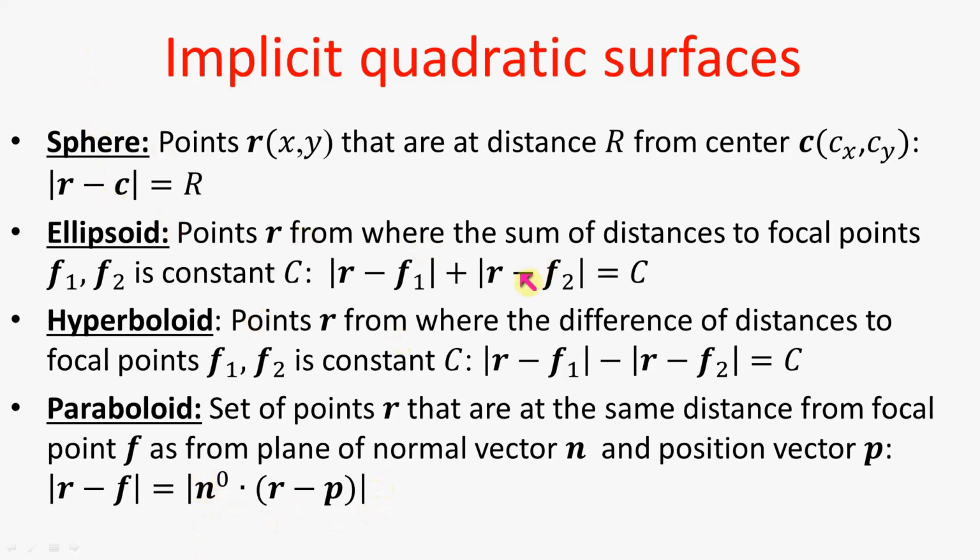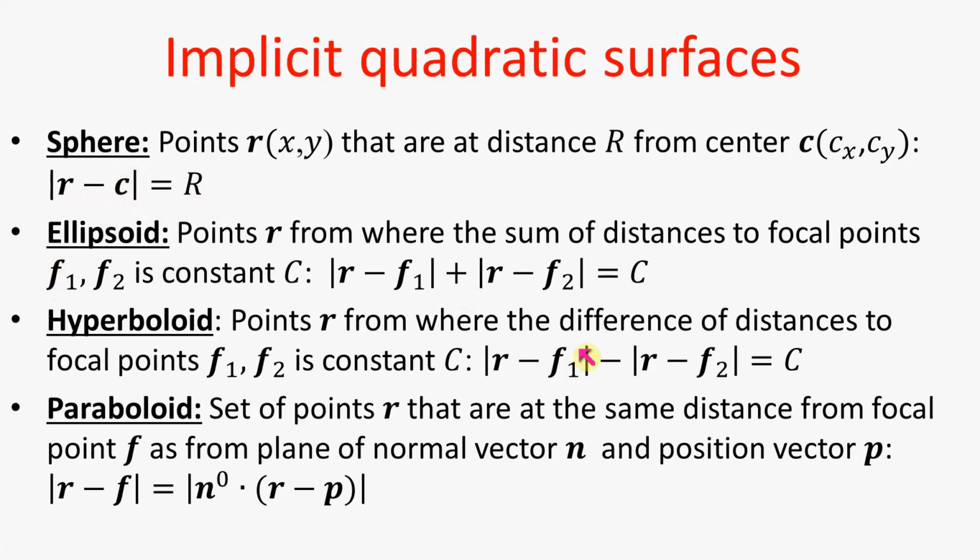In these example equations, the absolute values or the lengths of vectors show up, which means that these equations include square roots if we express them in Cartesian coordinates. We do not like square roots, we try to get rid of them, and it is possible if we compute the square of the two sides of this equation.